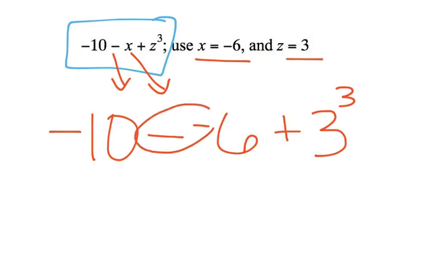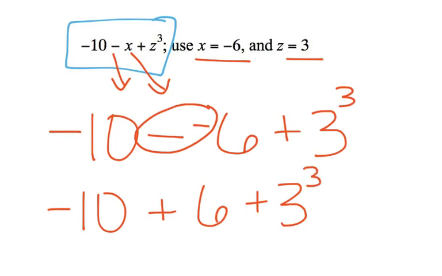Again, this right here, subtracting a negative, can be changed to addition. If I want to, I could rewrite it, because that's what subtracting a negative is. It's actually addition, because you're going to change the sign if you wanted to.